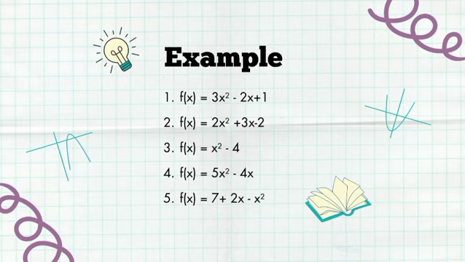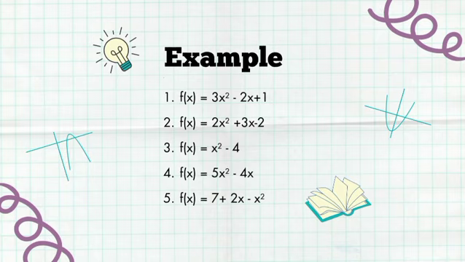Here a equals 2, b equals 3, and c equals negative 2. And next, p(x) equals x squared minus 4. Here, a equals 1, b equals 0 because there is no x term, and c equals negative 4.